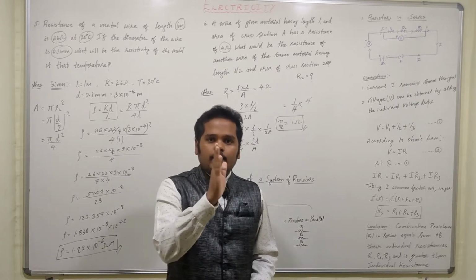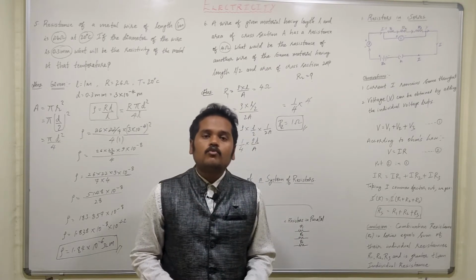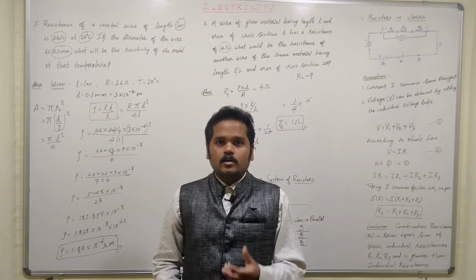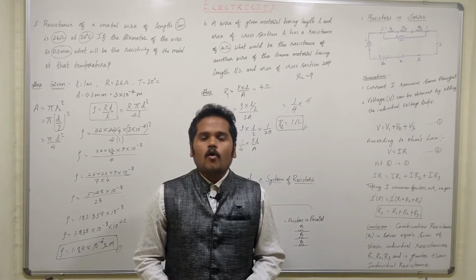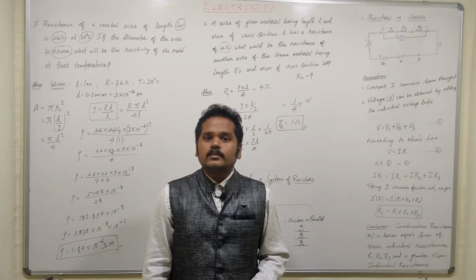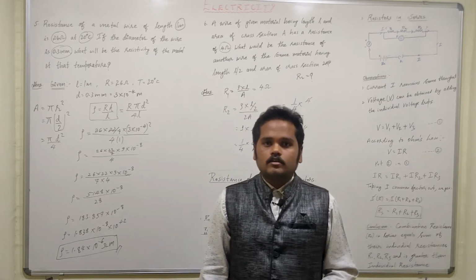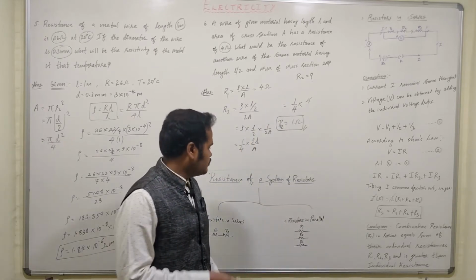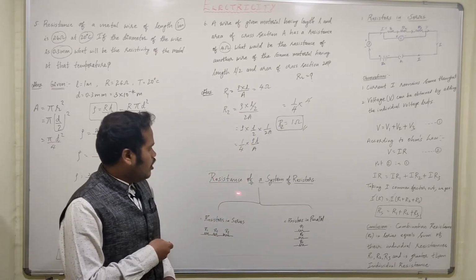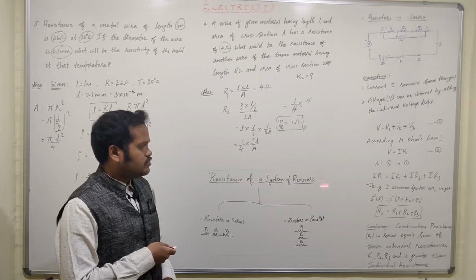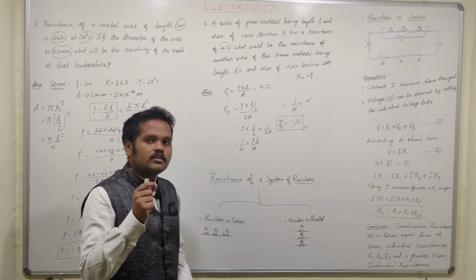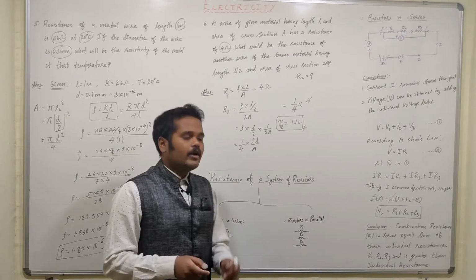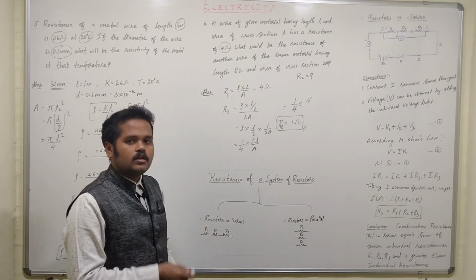What will be the combinational resistance of the entire series and parallel circuits is what we will see next. That is resistance of a system of resistors. So it's not just a single resistor, but two or more resistors together combine to give resistance.